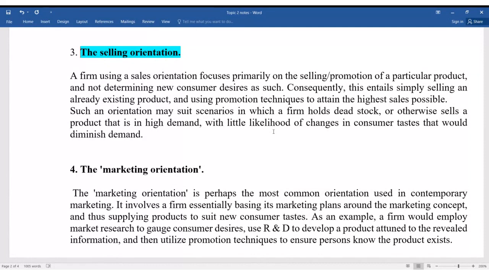Then you can use sales incentives to attract customers, like giving discounts, giving free samples, giving extra products, extra quantities, giving merchandise, for example, like t-shirts, caps, and what have you.